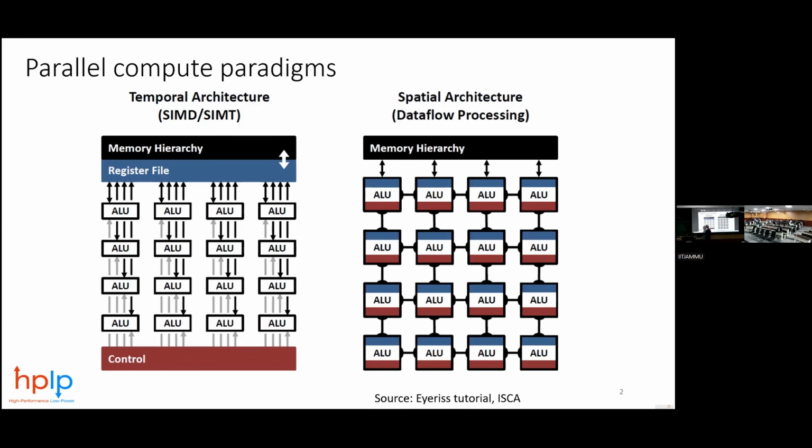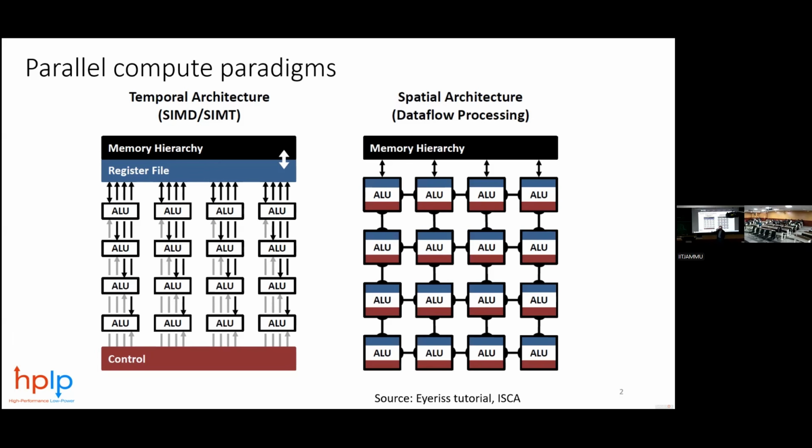We did talk about this, but I think this slide is kind of nice, in that it explains a little bit the difference between a conventional architecture, which is CPU, GPU, where the data flow is temporal.